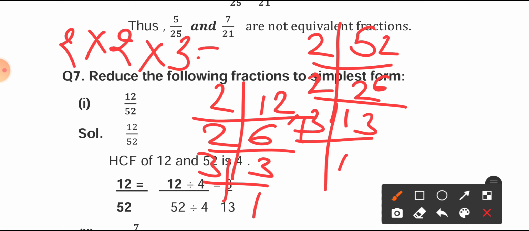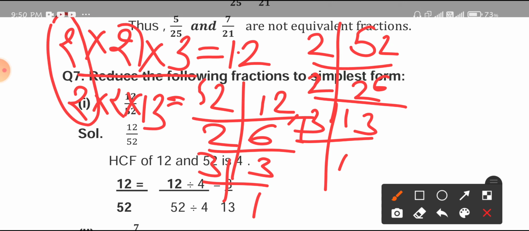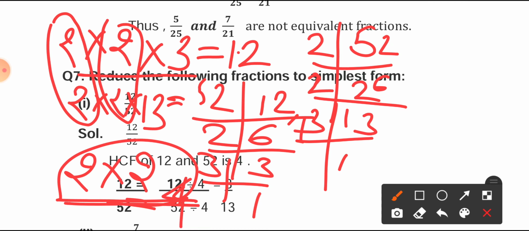So the factors of 12 are 2 multiply 2 multiply 3, and the factors of 52 are 2 multiply 2 multiply 13. Highest common factor means the factor which is common in both 12 and 52. Here you can see 2 and 2, so 2 multiply 2 is equal to 4 is common in both. So here the HCF is 4.